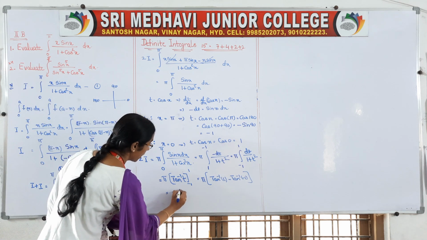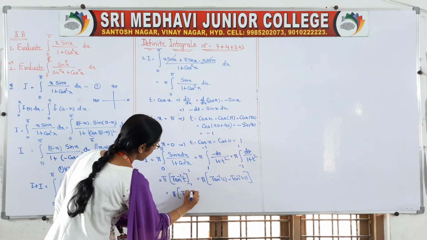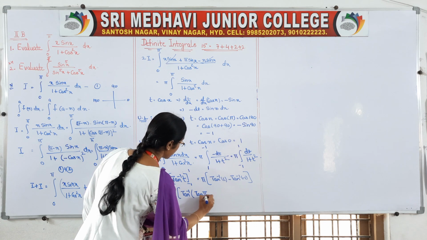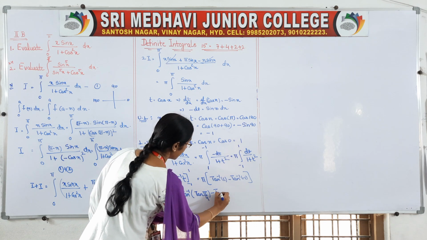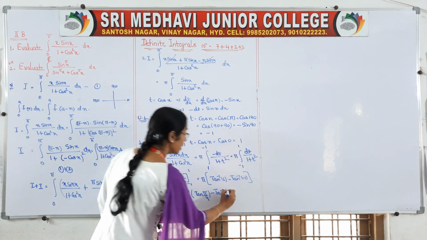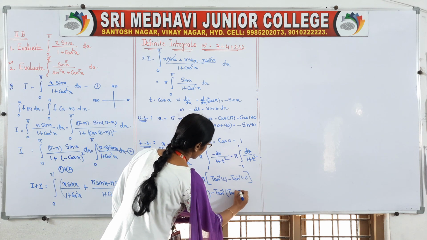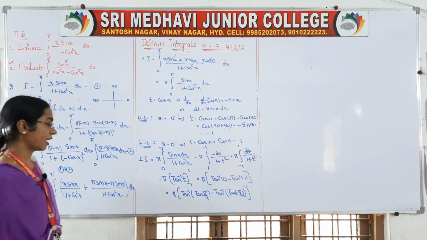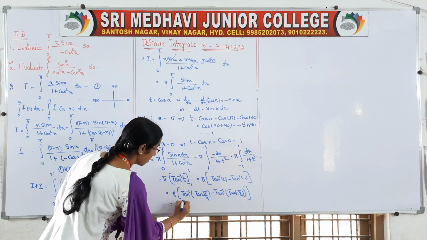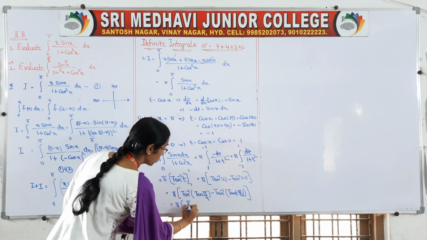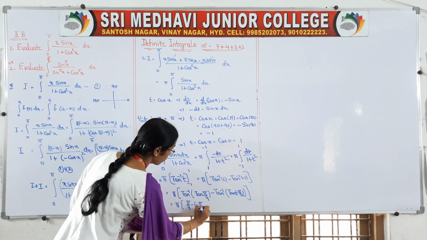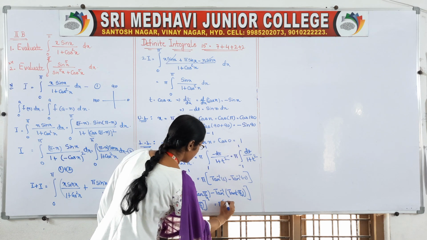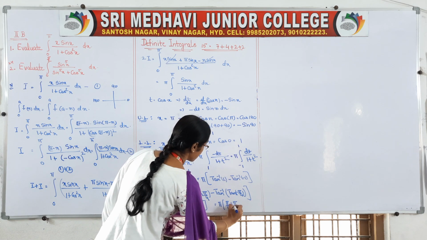So it is pi into tan inverse of 1, which can be written as tan 45, that is tan pi by 4, minus tan inverse of minus 1, which is tan of minus pi by 4. Tan of minus theta is minus tan theta. So tan inverse and tan cancel. So it is pi into pi by 4 minus of minus pi by 4, which is plus pi by 4.